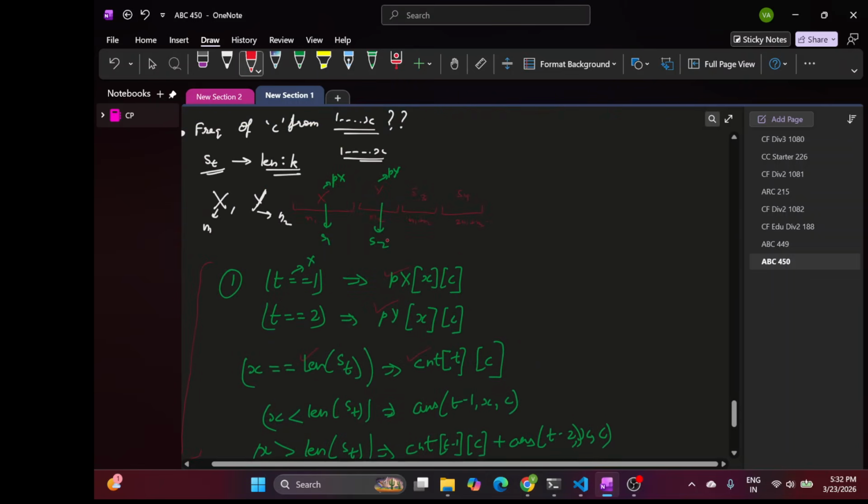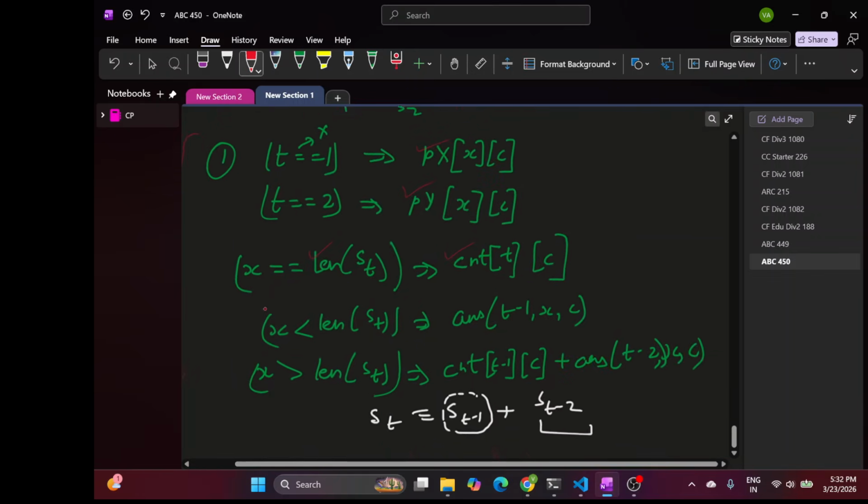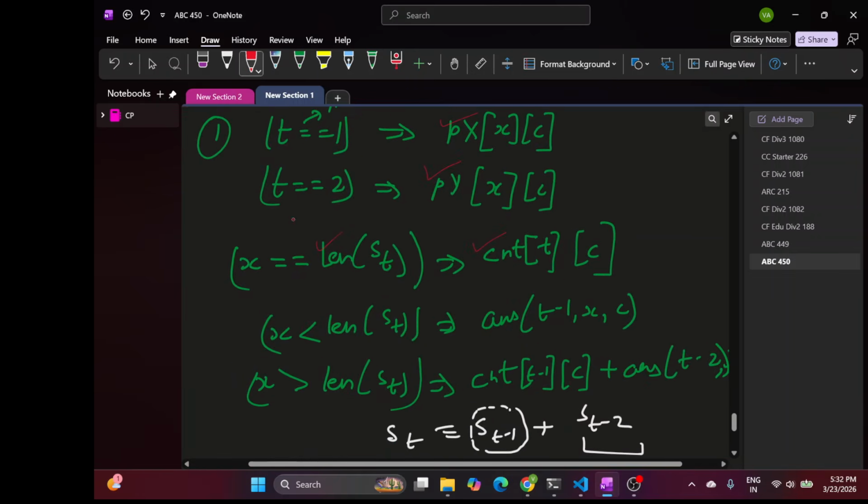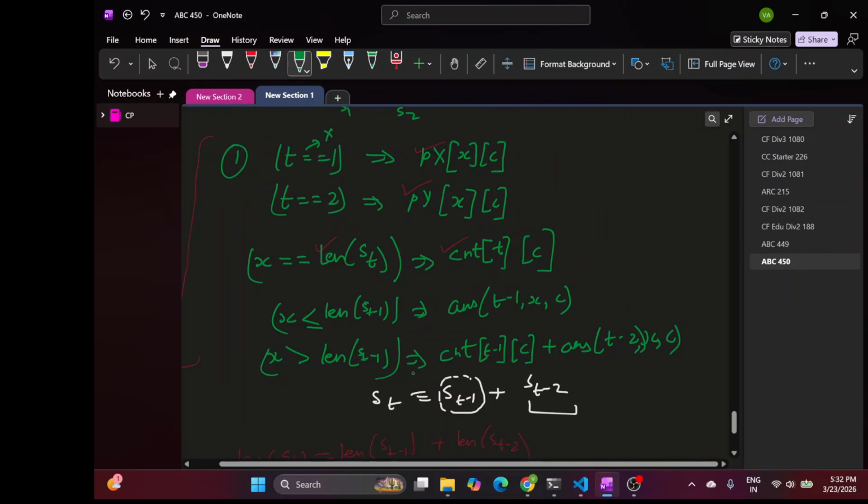Okay, and where were we? Right, now in this condition, my x cannot be greater than the length of S_t, right? Because it doesn't make sense, because the length of the previous string will only decrease. So actually I wrote this wrong. This is actually S_{t-1}, right, because if the length of x is less than the first half of the string, then we go into that part, right?